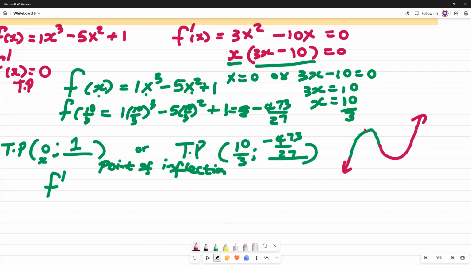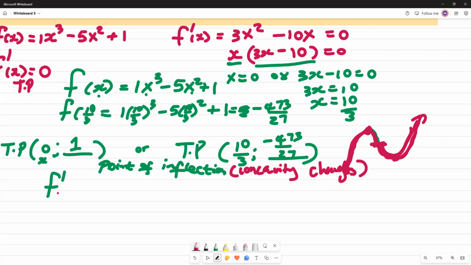This is your first turning point. That is your second turning point, right? There's a point here in between where concavity is going to change. So what happens here is, here you are concave down because the graph here is facing down. Then here you are concave up because the graph is facing up. So point of inflection is the point where concavity changes.